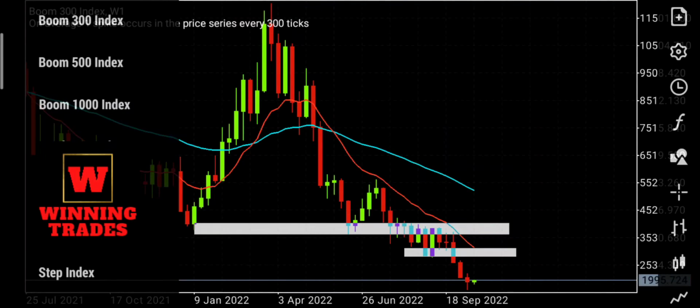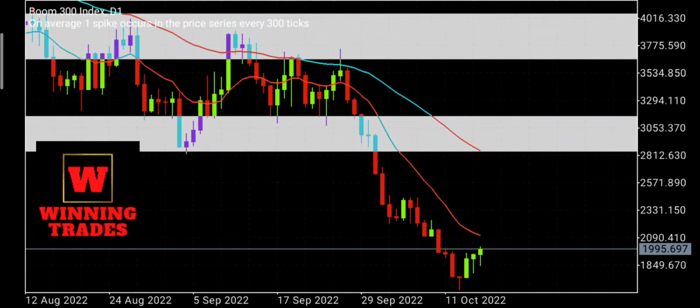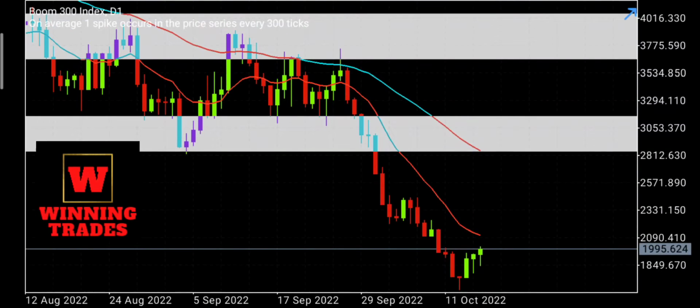Let's go to the daily and see. Yes, this is clearer. So price may likely this week go all the way to test this resistance here. You can test resistance here, maybe come back, test the resistance.